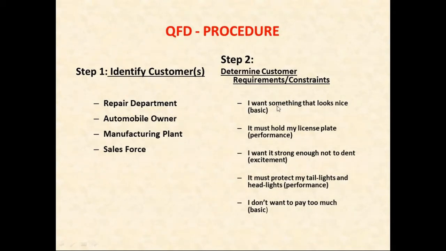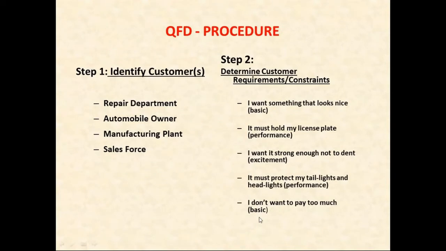So they are saying that I want something that looks nice, that is a basic requirement. I want something that will hold my license plate, that is the performance. I want it strong enough not to dent, that is the excitement level. Then it must protect my tail lights and the headlights, that is performance. Then I don't want to pay too much, that is the basic requirement.